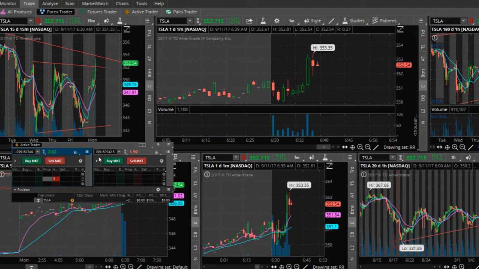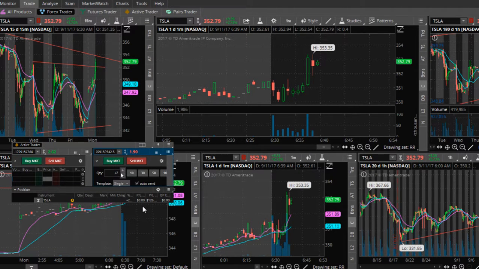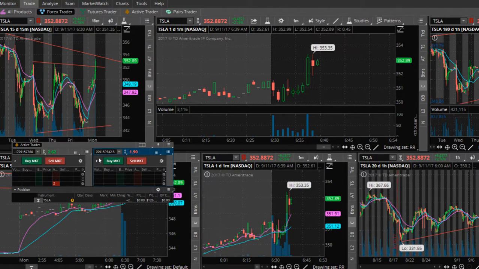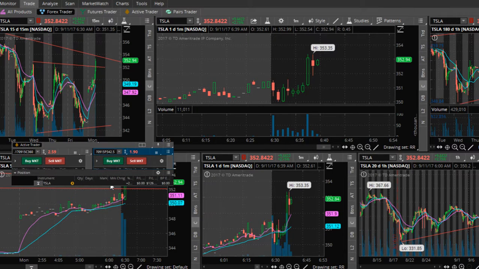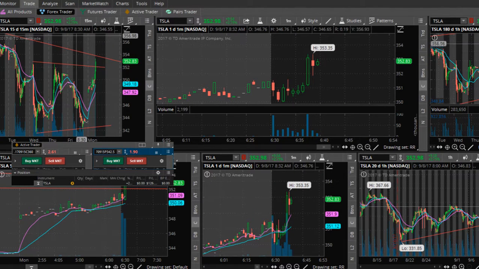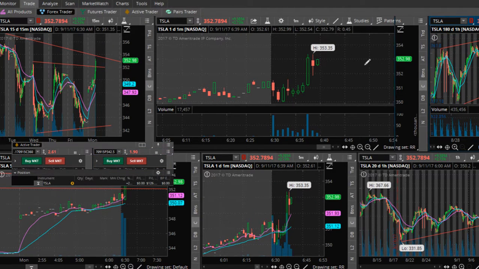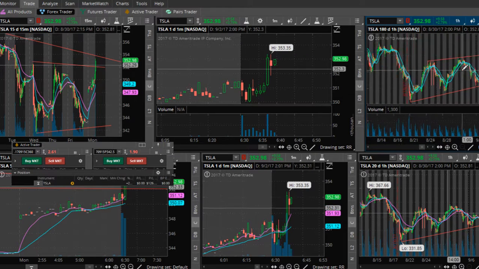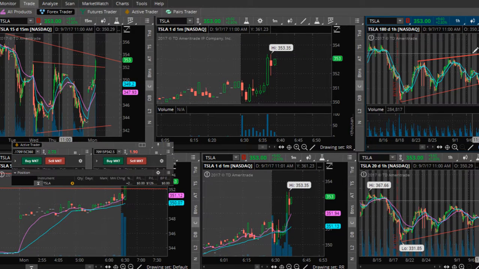Just making sure. Oh, that should be 3. Remember guys, over here on this chart earlier, we drew these trend lines and we predicted that it might go all the way up to 360 today.